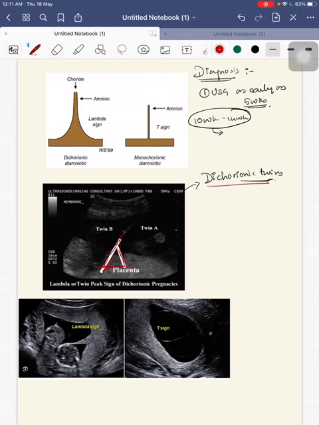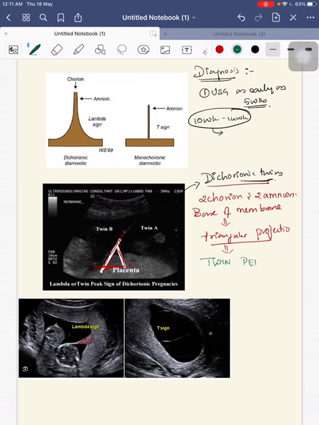Since they have two chorion and two amnion, the base of the membrane will form a triangular projection. This triangular projection is called the twin peak sign or lambda sign.